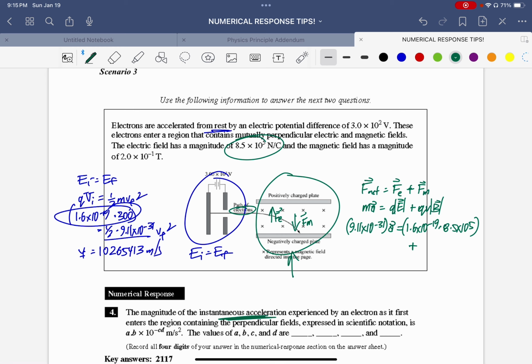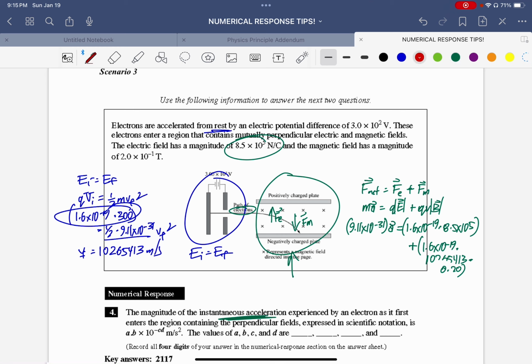Plus qvB is once again 1.6 times 10 to the minus 19. We can't cancel that, by the way, because it doesn't appear in every term. The speed, 102.65413, times the magnetic field strength of 0.20 Tesla. Now we have to be careful here.